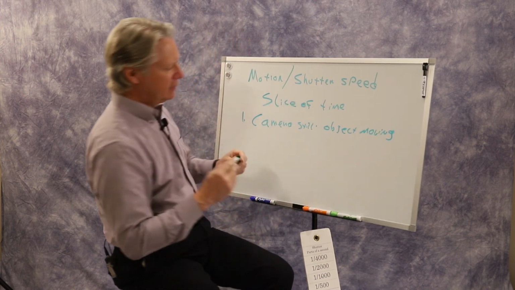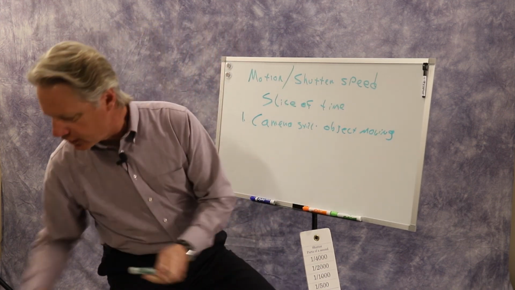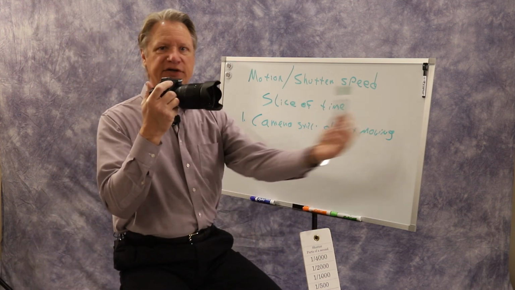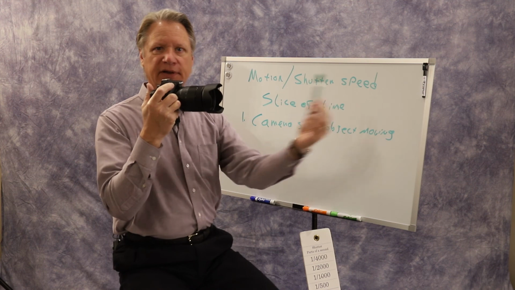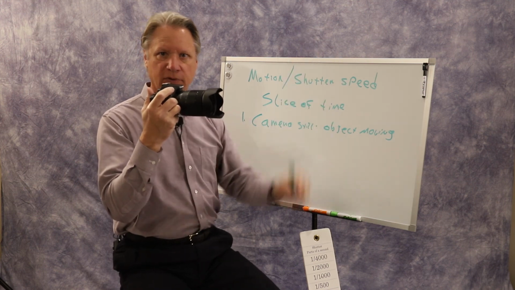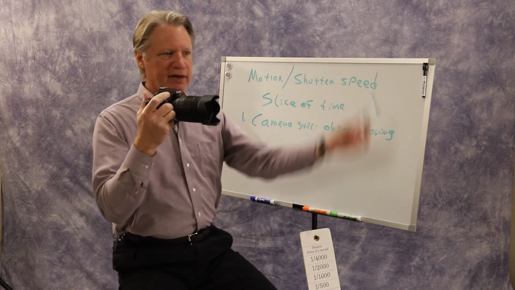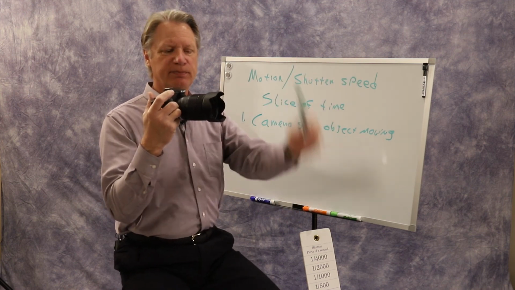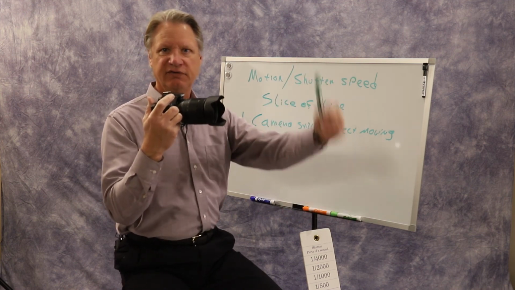Okay? So the camera is stationary and the object is moving and the camera is not. Okay? So that can be a lot of different things, right? And again, we'll show you some pictures, give you some ideas, do a bunch of cool stuff, okay?